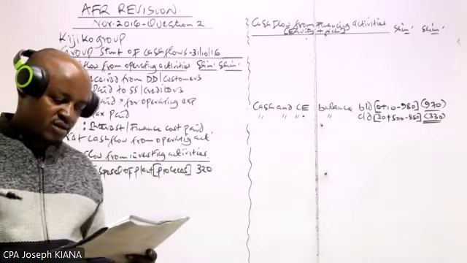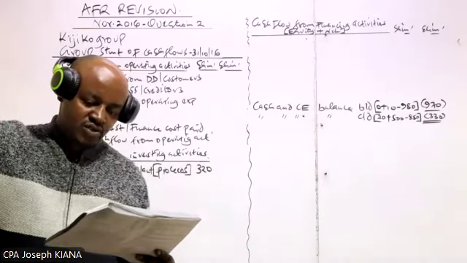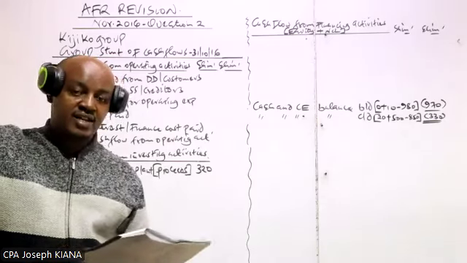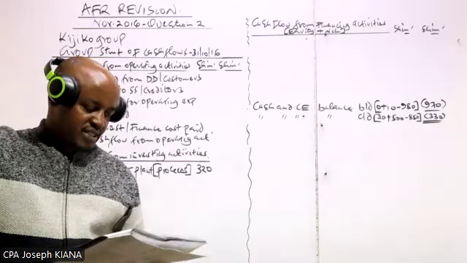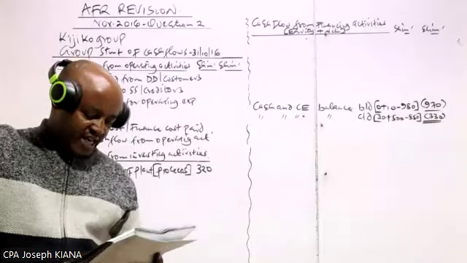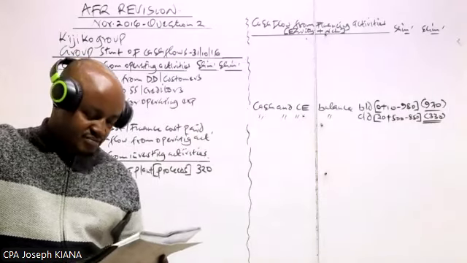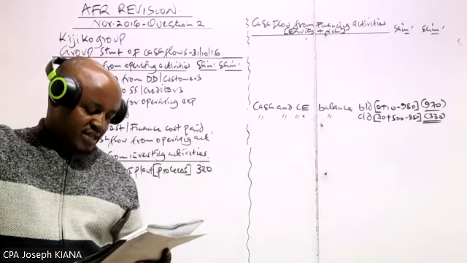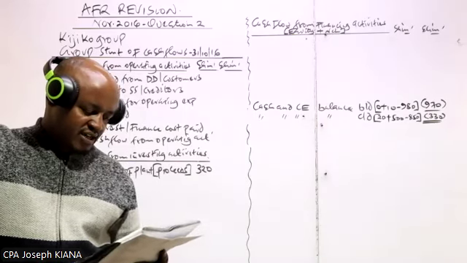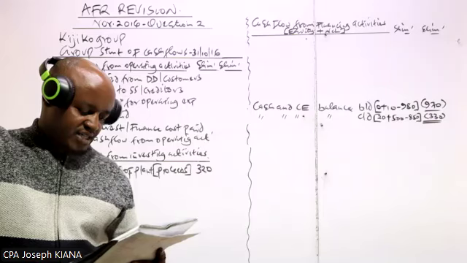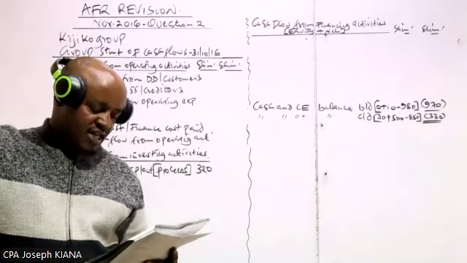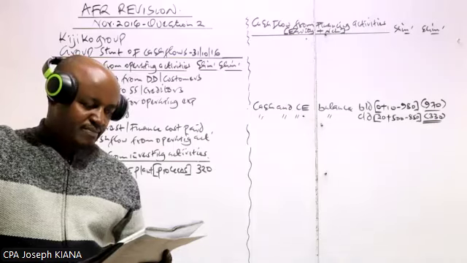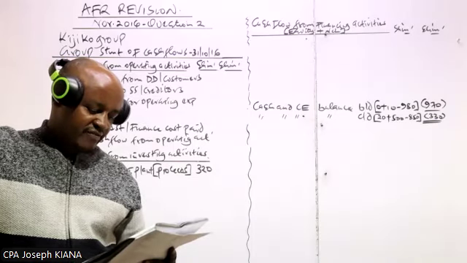Number 2, we are told other investment was sold for shillings 300 million during the year. So which are these other investments? If we go back to the statement of financial position, specifically under the non-current assets, you can see we have property, plant, and equipment, intangible asset, investment, which includes investment in associate and other investment. The other investment at the start of the year had a carrying amount of 250, but at the end of the year, those other investment are zero.